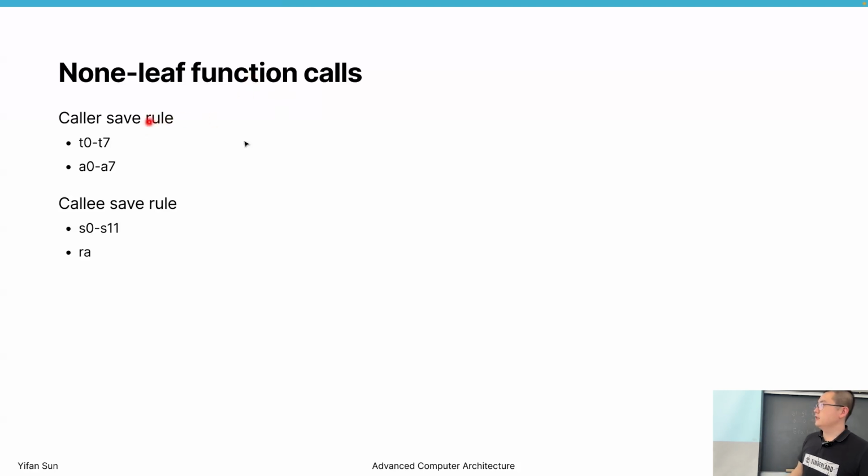In this case, if you are a leaf function, then you don't really need to consider which one is saved. Now for you, everything is saved. If you are not calling any other function, you can use any registers as you want. But if you need to call other functions and you are called by another function, then the caller needs to save some registers and the callee needs to save some other registers.